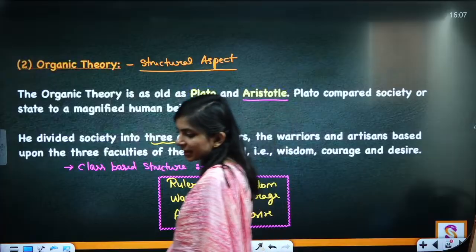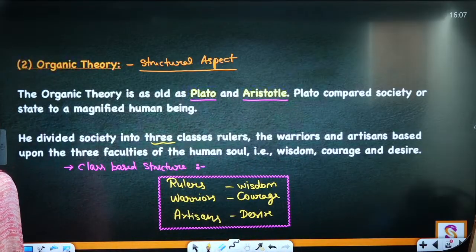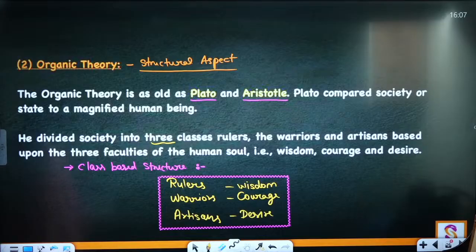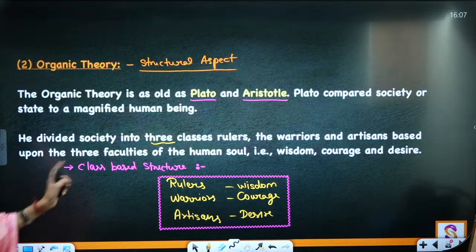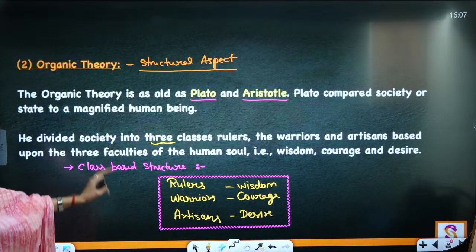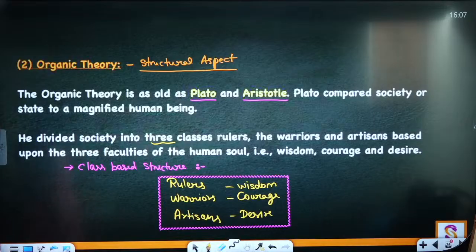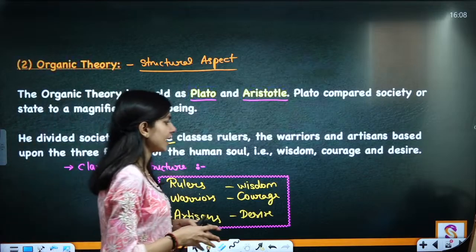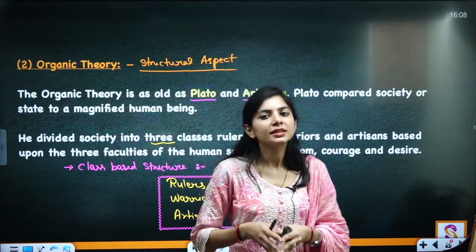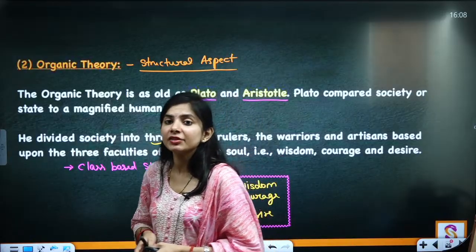Now, while explaining this organic theory, they said that the state is a magnified human being. We require this three-tier structure, and it provides facilities to the human soul, and therefore it creates a balanced society, which balances the individual soul.